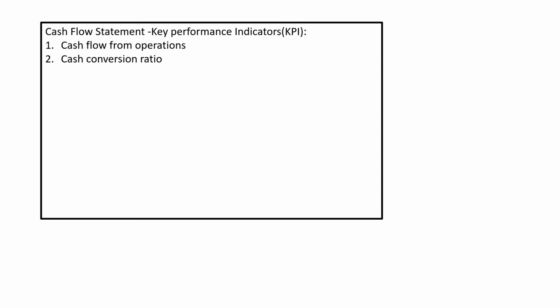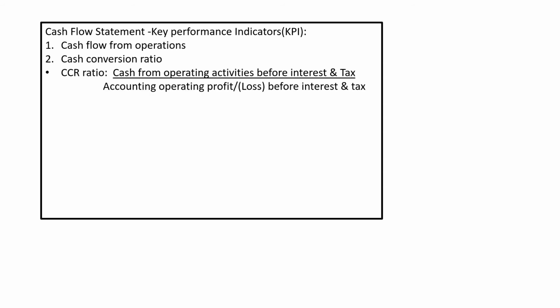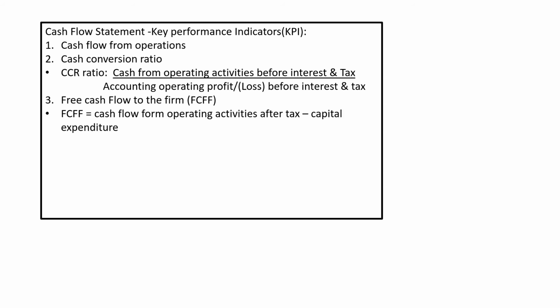Second is the cash conversion ratio, and what we are looking at here is the percentage of the accounting profit that has been converted into cash. Then there's the free cash flow to the firm, in other words, what is the cash available for distribution to the long-term providers of capital, which are the shareholders and the long-term debt holders.